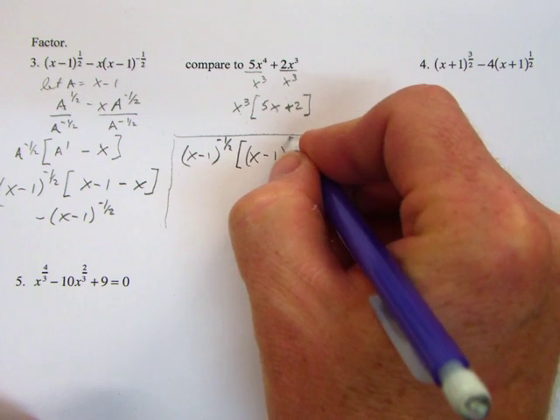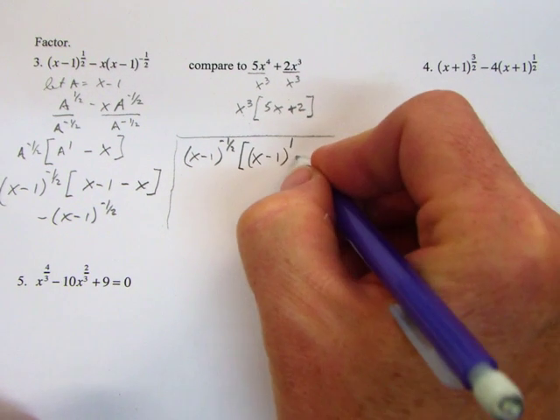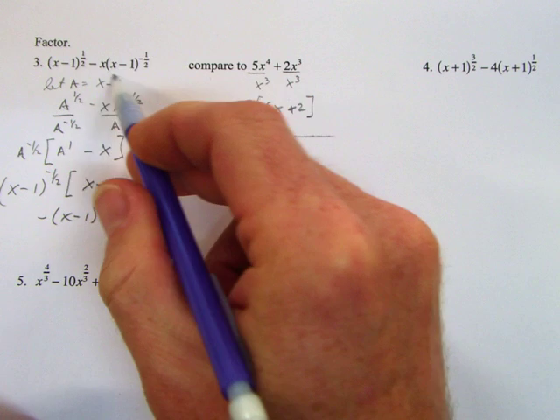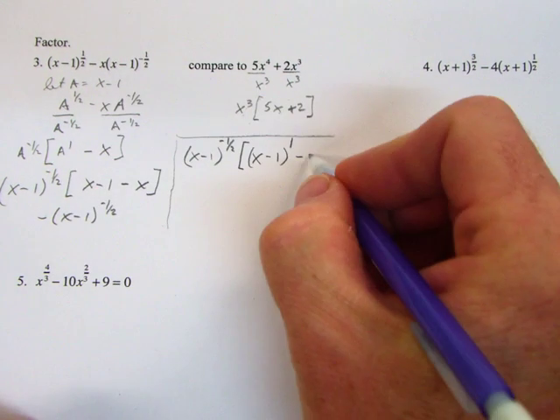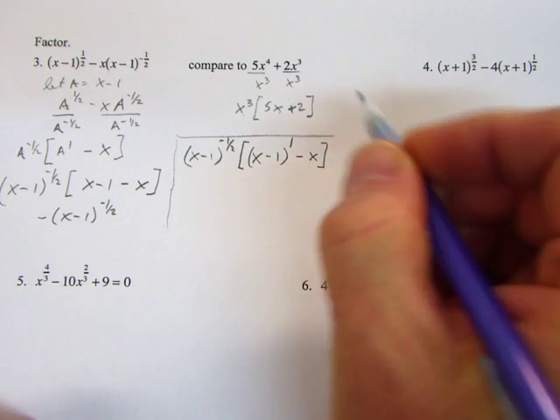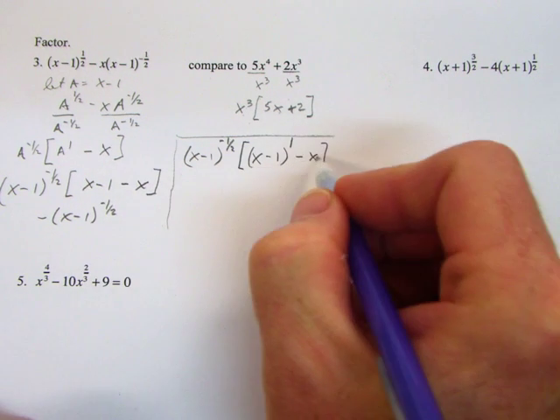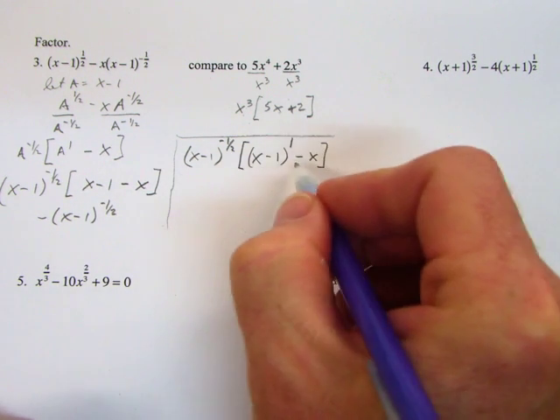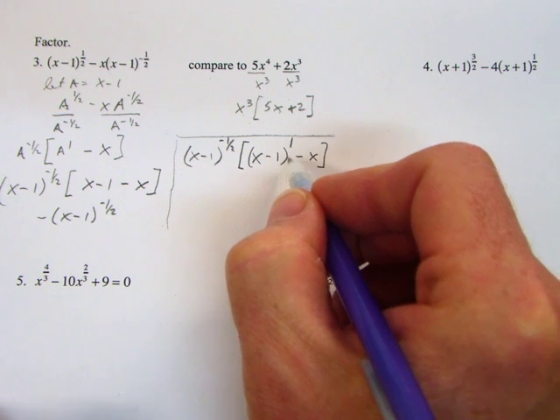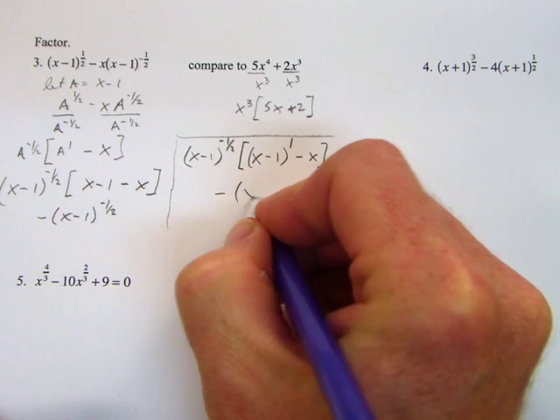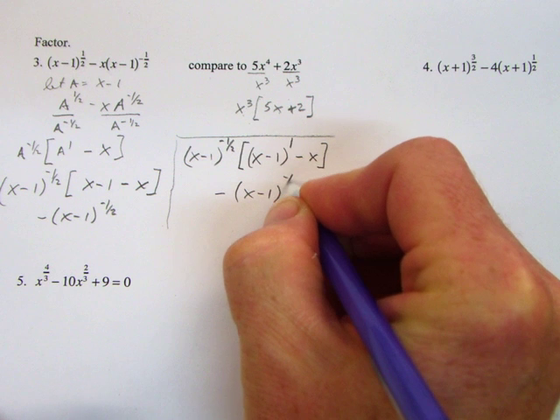Negative 1/2 plus 1. Minus, we're pulling out the x minus 1 to the negative 1/2, and there's an x left. And then we get our exact same thing. That's the same as this step. The inside part of the brackets will simplify to negative 1, and we're left with negative of x minus 1 to the negative 1/2.